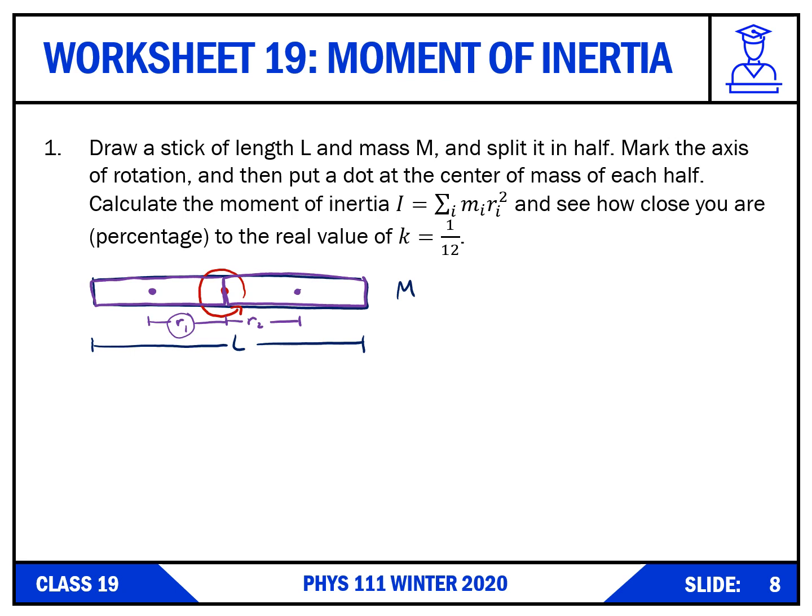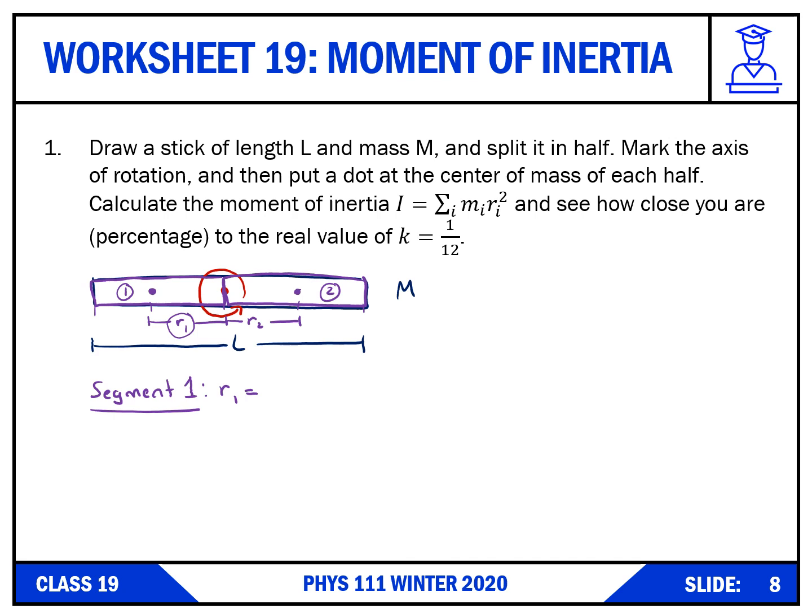So now we have to try and figure out what these values are going to be, and of course what the mass is for each of these halves. So this would be the first half, and this would be the second half. Let's do an analysis on segment 1. We know that R1 is probably, let's see, 1, 2, 3, 4, 5 tick marks.